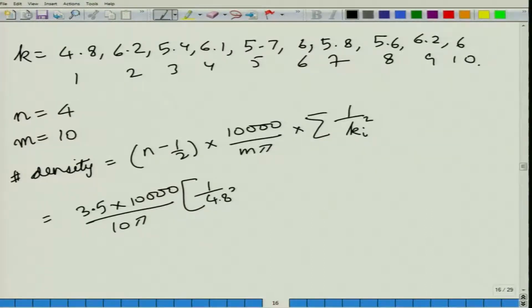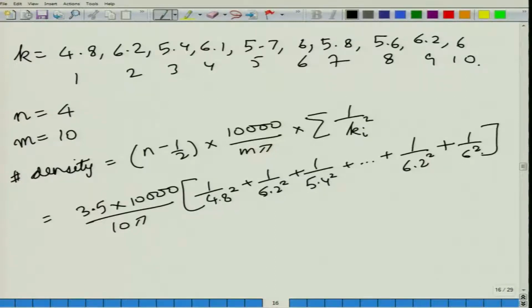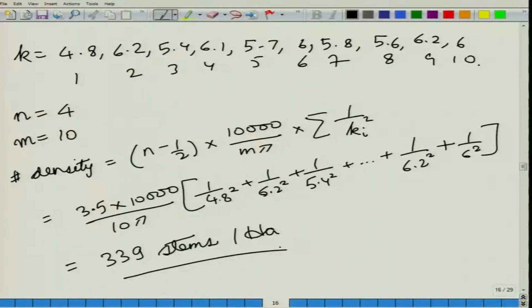That is 1 over 4.8 square plus 1 over 6.2 square plus 1 over 5.4 square and so on till we reach the last value 1 over 6 square. When we do this calculation, we get a value of 339 stems per hectare. So, we can calculate the number density for the nearest two trees or for the nth nearest neighbors.